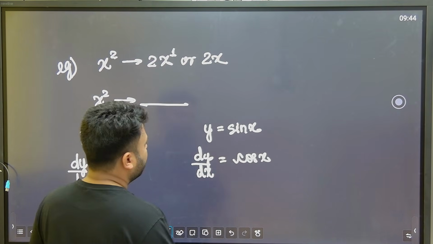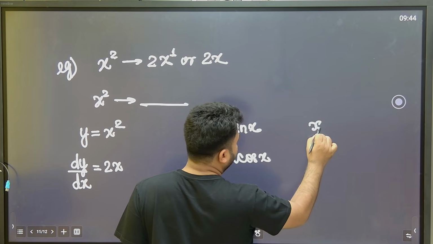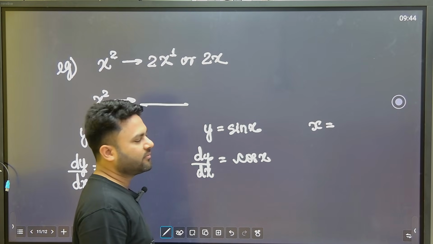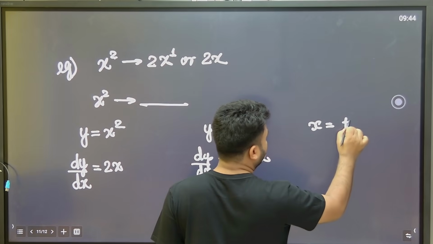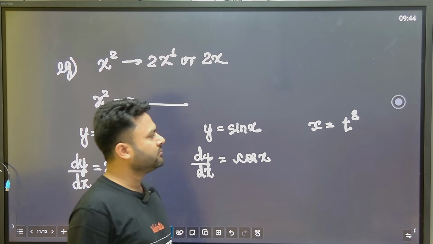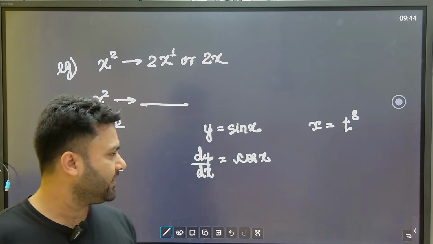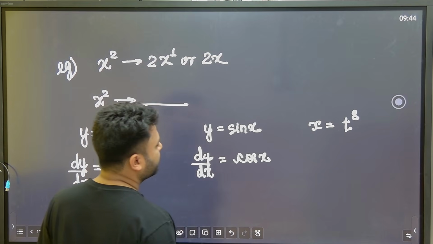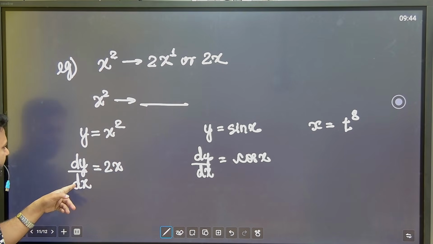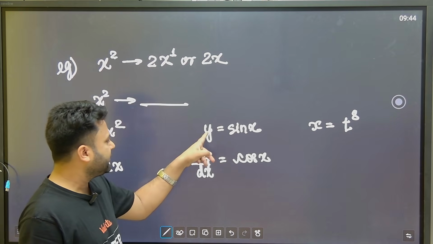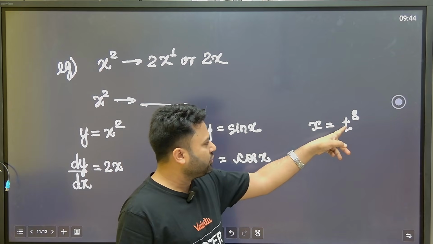You only tell, see, if they give x equals to t to the power 8, this is our equation. Then what we should write, see the pattern, y equals to x square, dy by dx, y equals to sin x, dy by dx, x equals to t to the power 8.